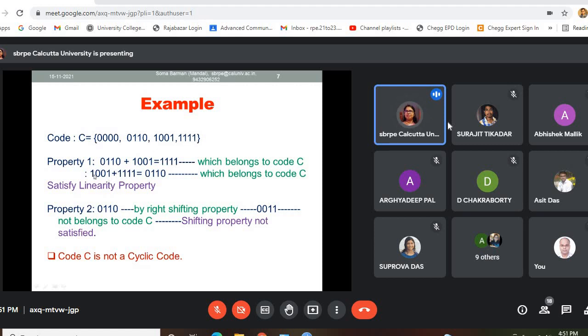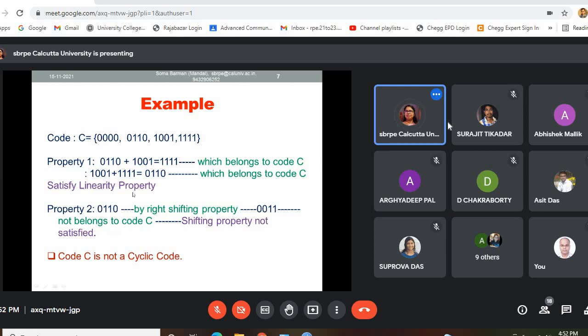So 1 and 1 is 0, 0 and 1 is 1, 0 and 1 is 1, 1 and 1 is 0. So 0110 is also a valid code word of code C. So this satisfies the linearity property.